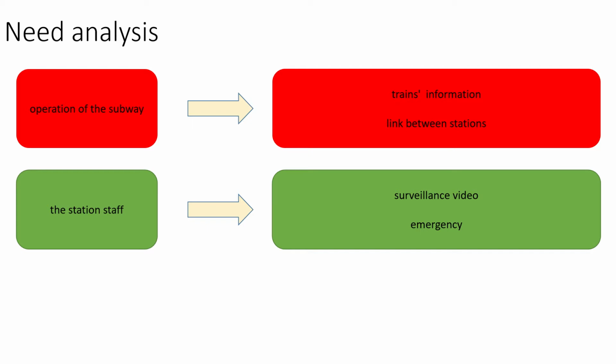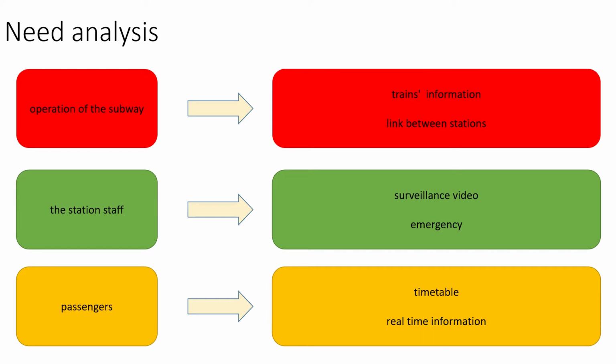And when we meet an emergency, the station staff should communicate with the passengers and tell them how to leave the station. The last one is exactly the passengers. We need to observe real-time information from the station or from the staff, and we need the timetable or the route map of the whole subway.